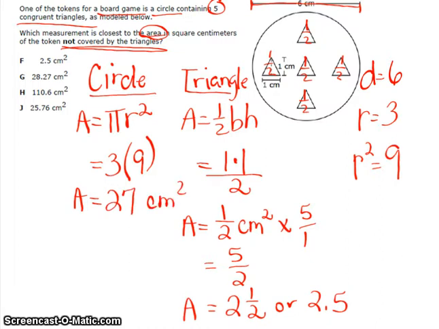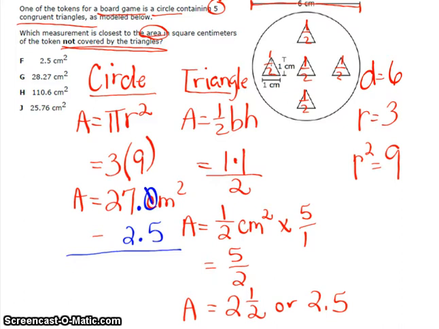So the area of the circle is going to be 27 centimeters squared. Okay, so I have the area of the circle of 27, the area of the triangles is 2.5. Since they are sitting inside the circle, remember you have to subtract the area out. So I'm going to subtract 2.5, and remember, when we add and subtract decimals, we have to line them up. So I'm going to subtract 2.5 from 27.